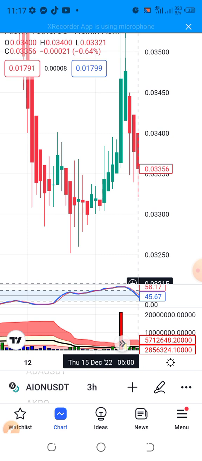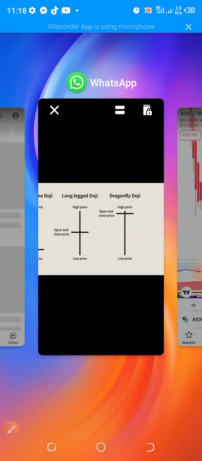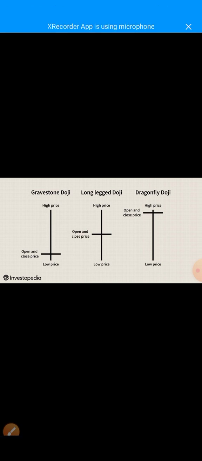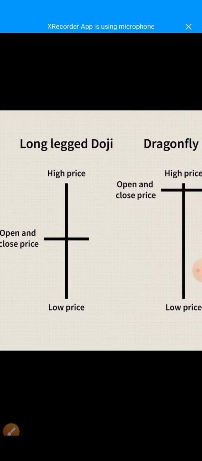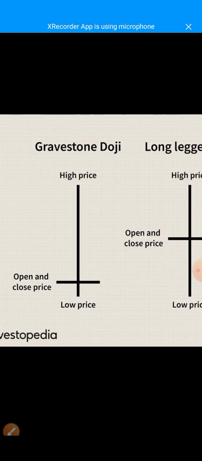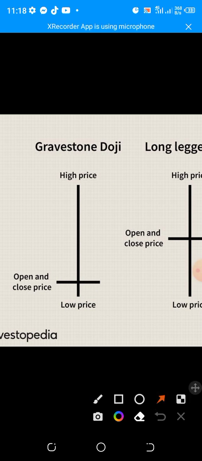Our topics today: we have dragonfly, we have long range Doji, and then we have gravestone. We said this implies a bearish market.